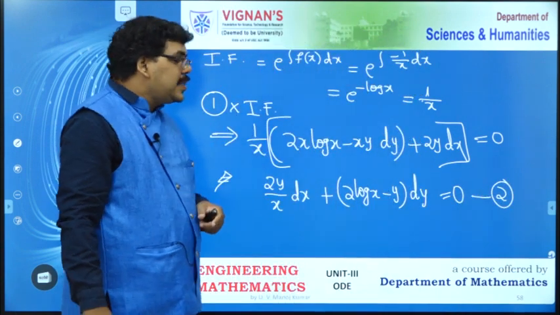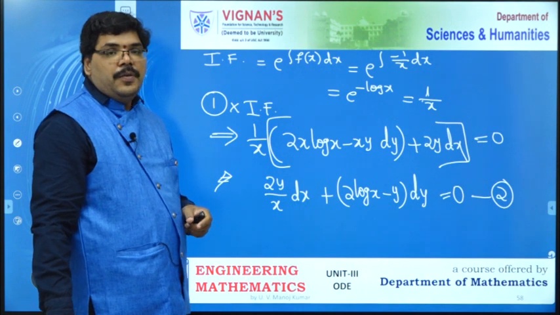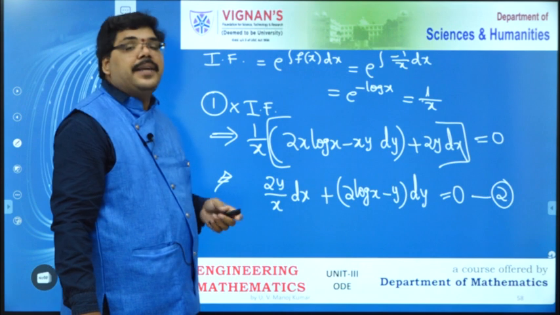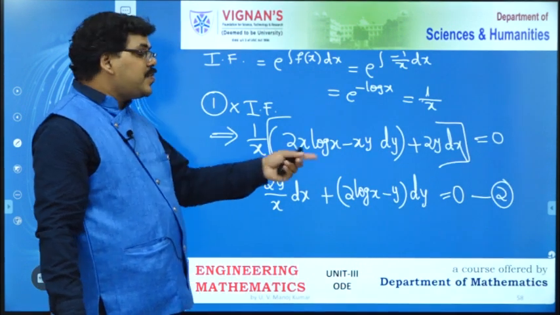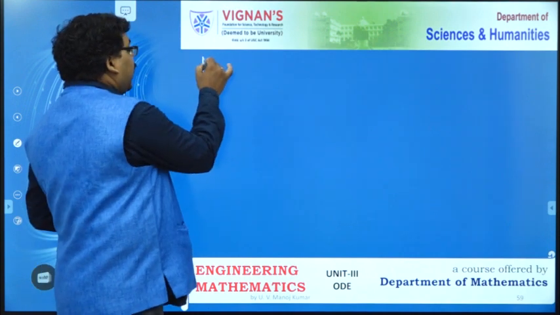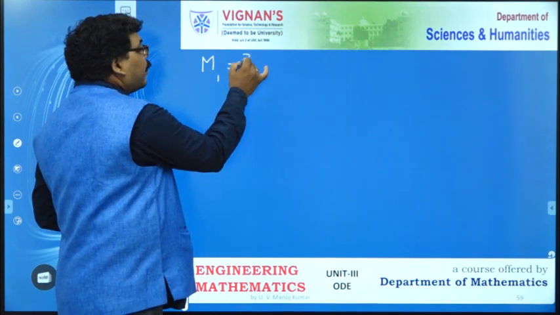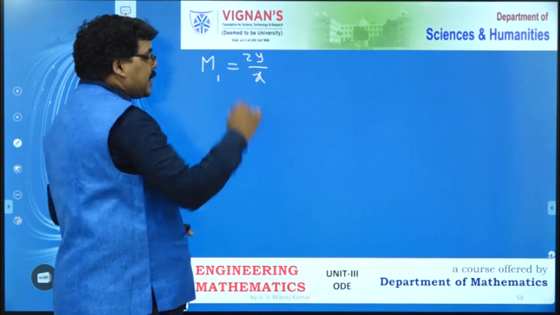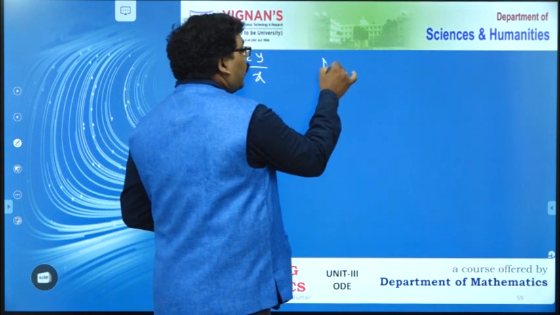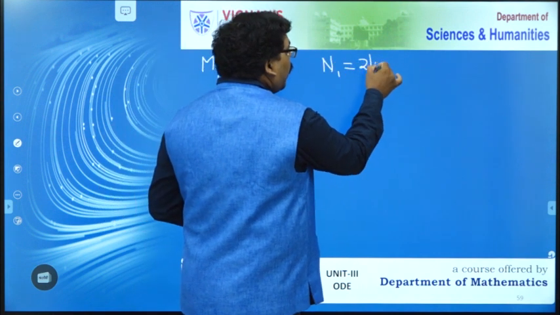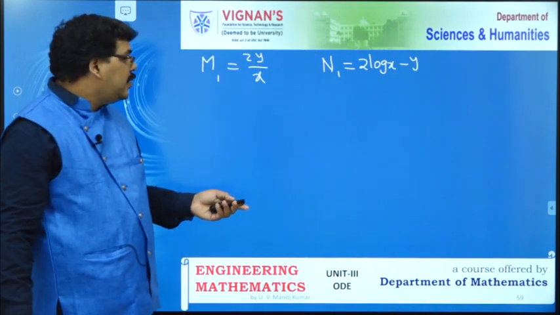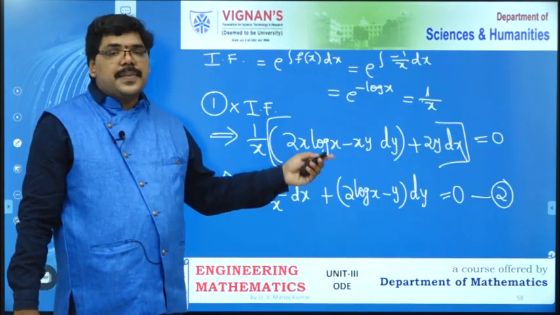So this is my second equation, which is the result of multiplying the given non-exact equation with the integrating factor. Now this becomes exact. What is m1? 2y by x. What is n1? 2 log x minus y. Am I right?